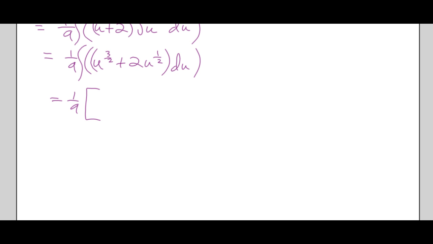Okay, so u to the 3 halves, again, just add 1, it'll be 5 halves multiplied by the reciprocal, so 2/5 u to the 5 halves. Plus, it's going to be u to the 3 halves times 2/3, so that's going to give us 4/3 u to the 3 halves.